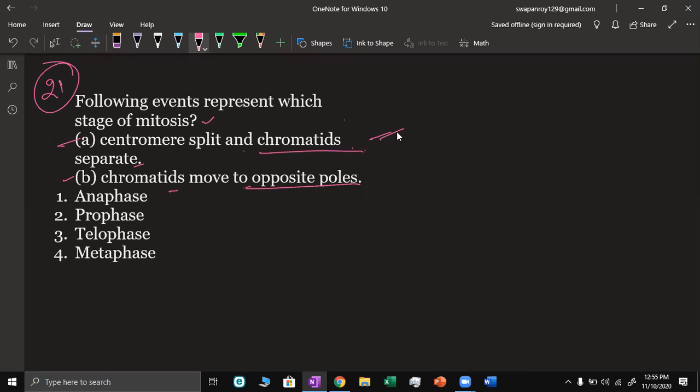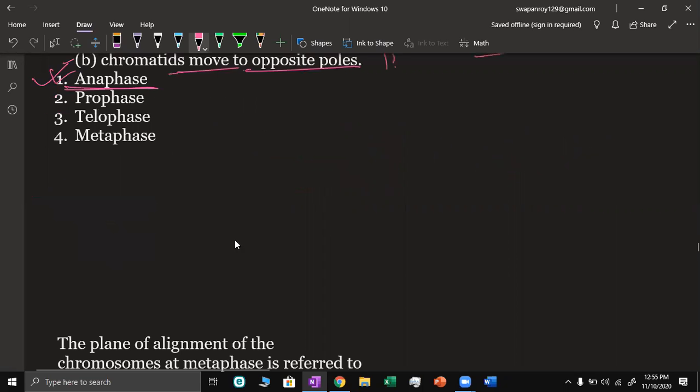See, these are the two key characters of anaphase of mitosis. This is anaphase. If you write only these two characters for anaphase, it is also very good, the two main features.